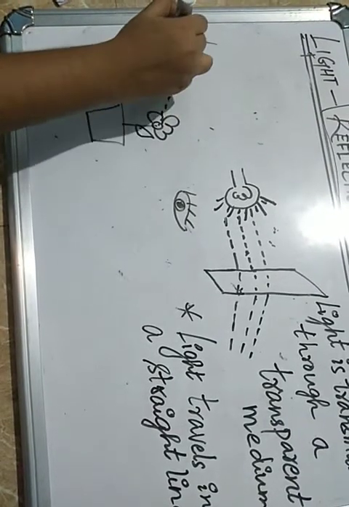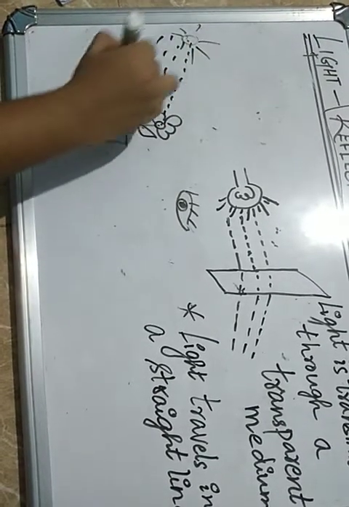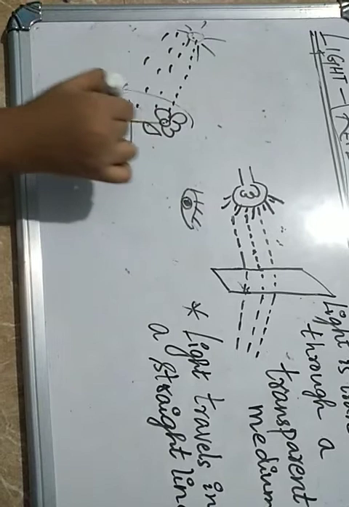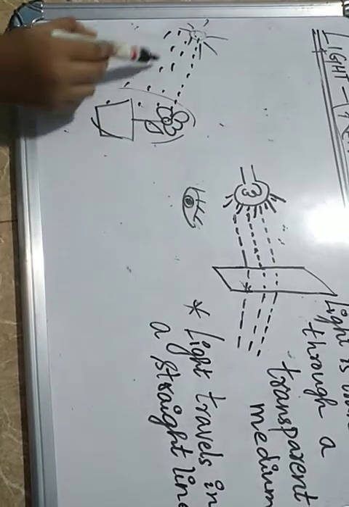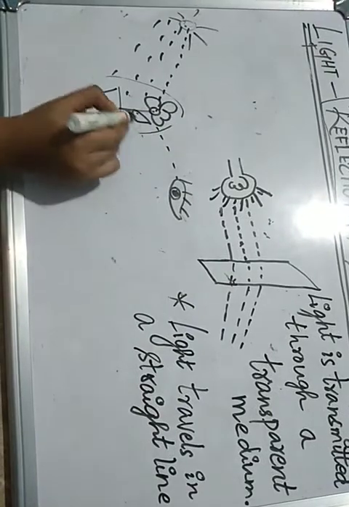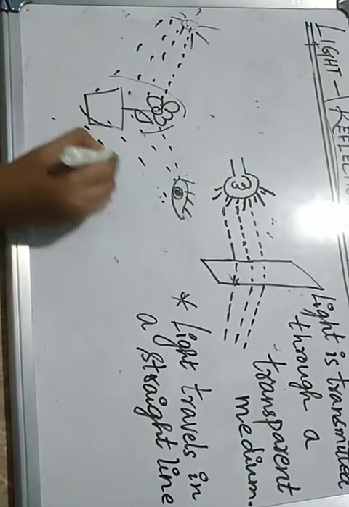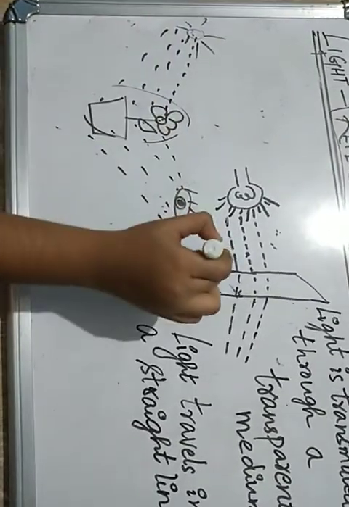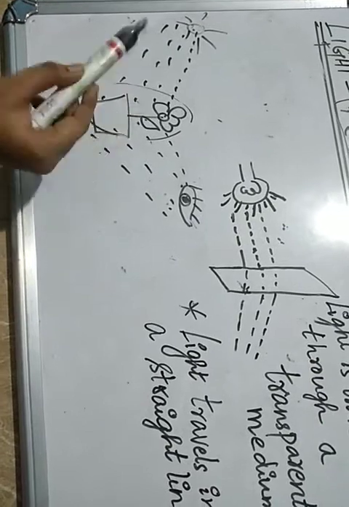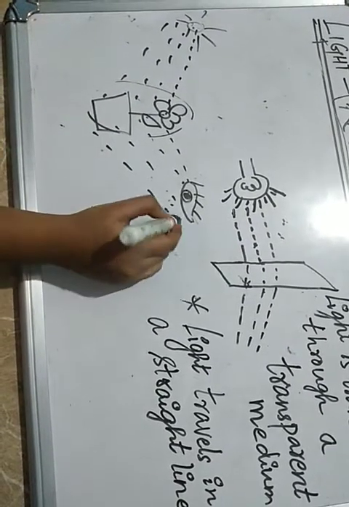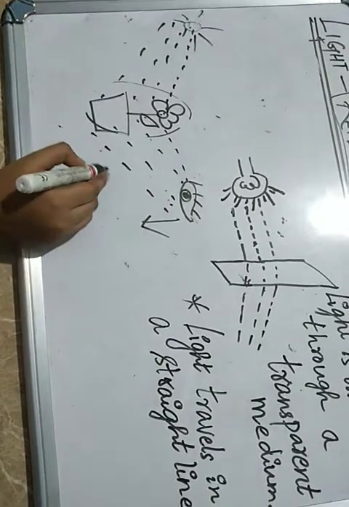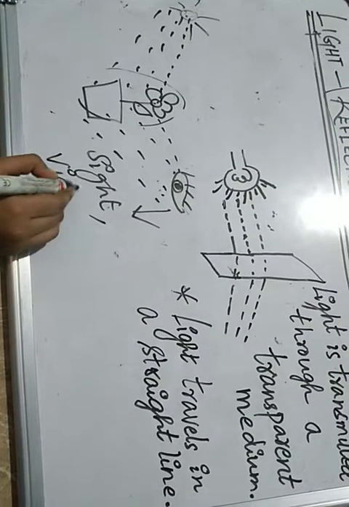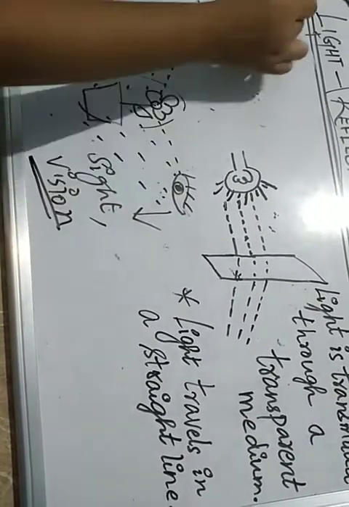It is incident on this flower pot. This object, as of now, reflects back the light which it receives. Then we are able to see. So any object reflects back the light which it receives, and because of that we are able to see. This is why light causes a sensation of sight or vision. We are able to see because of light.